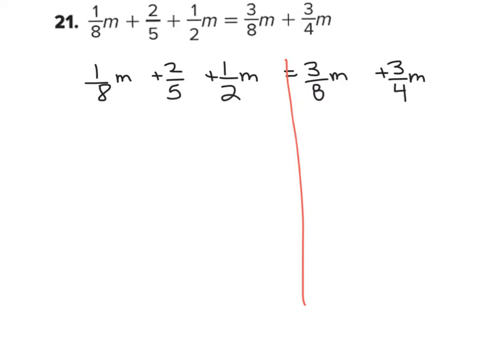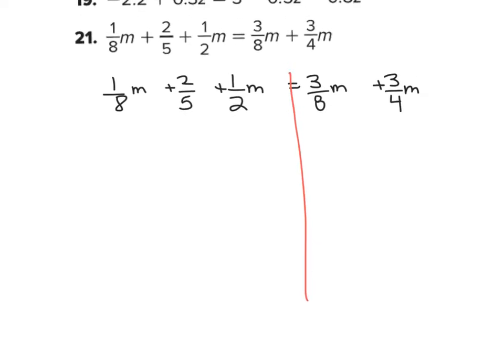So I think that we can use 40, because my common denominator of 8, 5, 2, and 4 is 40. So I'm going to multiply each term by 40/1.